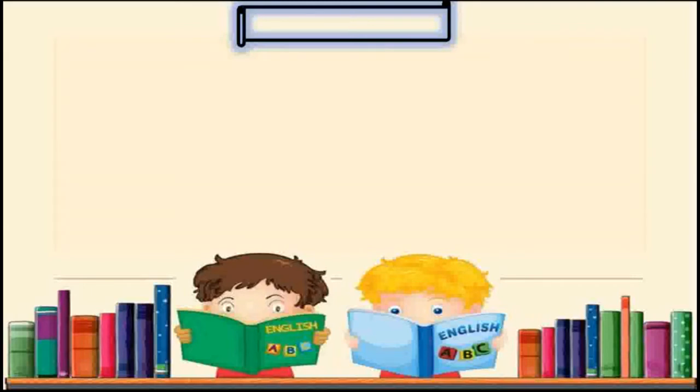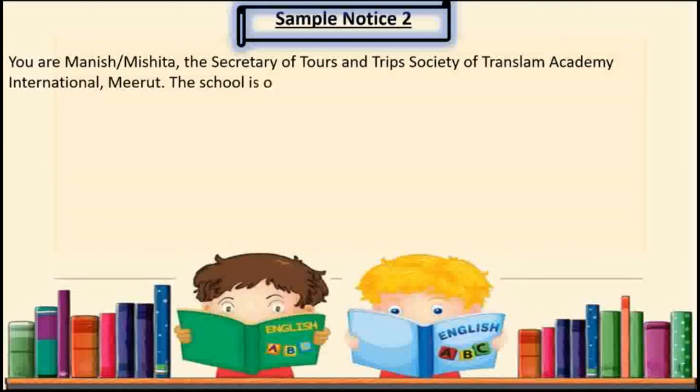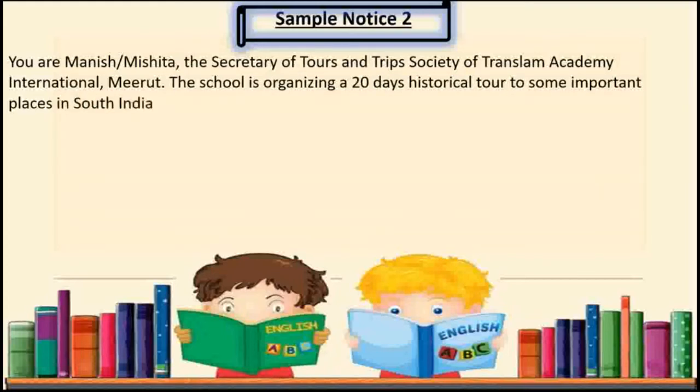Now let's see another sample. Topic: You are Manish or Mishita, the Secretary of Tours and Trips Society of Translam Academy International, Meerut. The school is organizing a 20 days historical tour to some important places in South India.